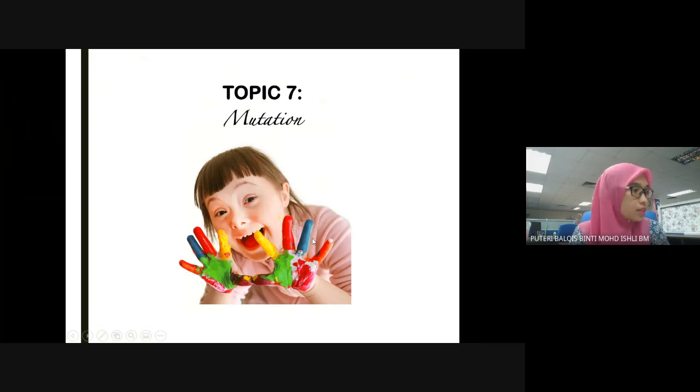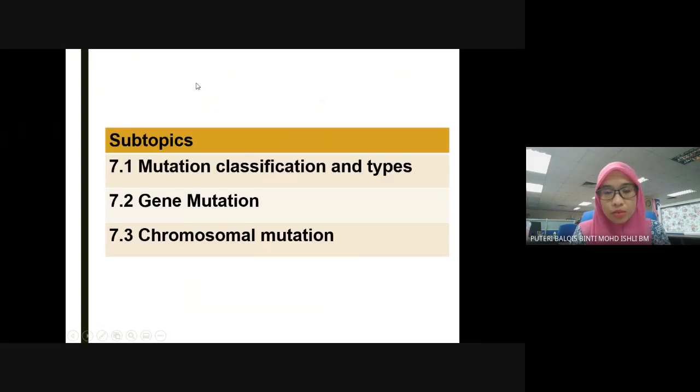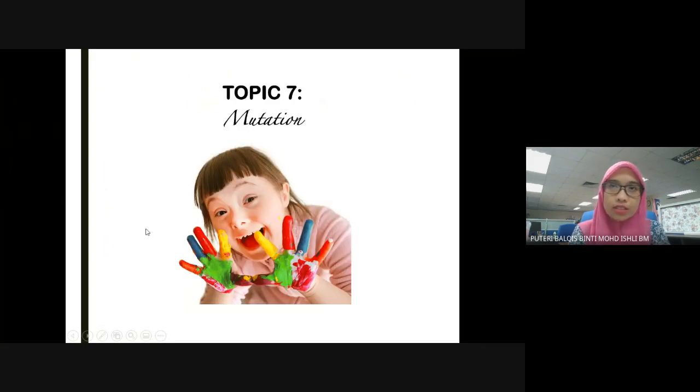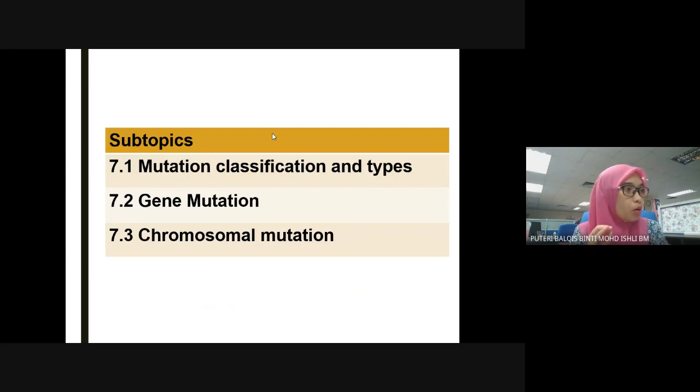Okay, so this is the things that you need to know. So topic 7 mutation, for this topic, we're going to learn about the Down syndrome, Klinefelter, Turner, what else? Cri-du-chat syndrome. Okay, but before that, I'm going to overview the subtopics: 7.1 mutation classification and types, 7.2 gene mutation, 7.3 chromosomal mutation.